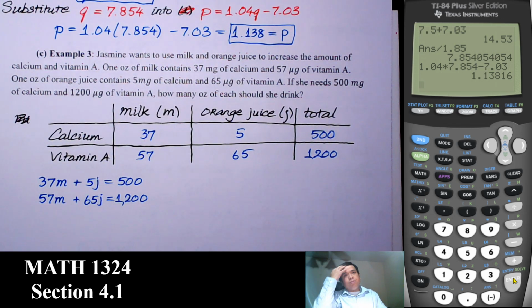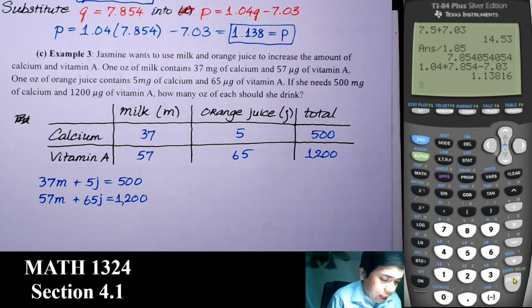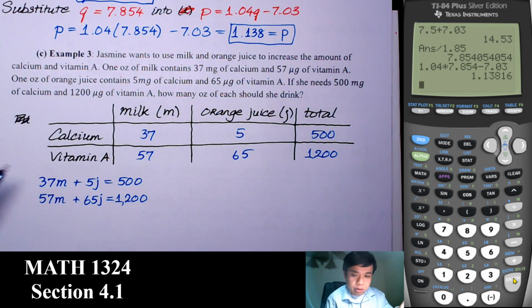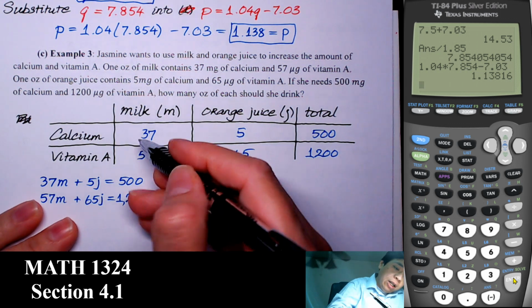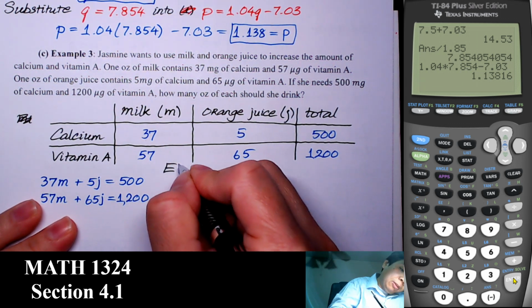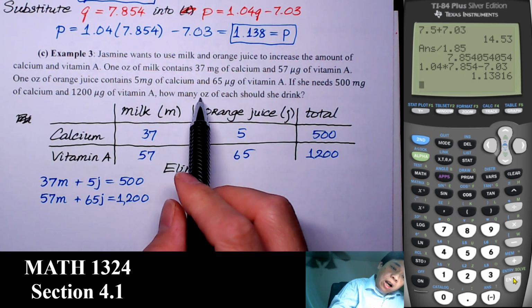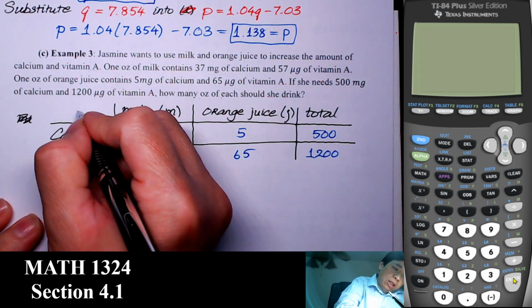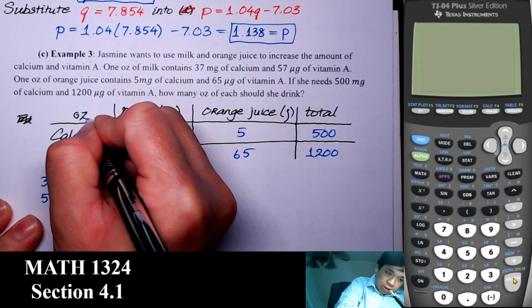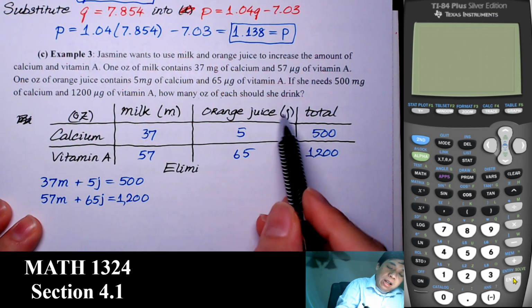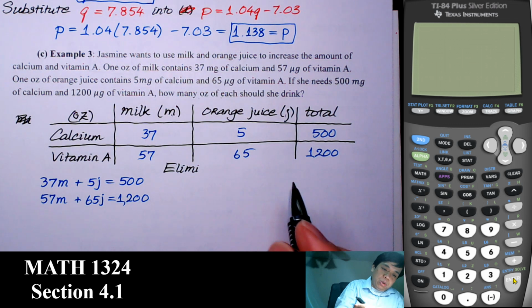Now we try to solve for one of them. Looking at all of these equations, the coefficient that is the smallest, and easiest to solve for, is j. So we try to eliminate j. The question is how many ounces we should drink: M ounces of milk and J ounces of orange juice.